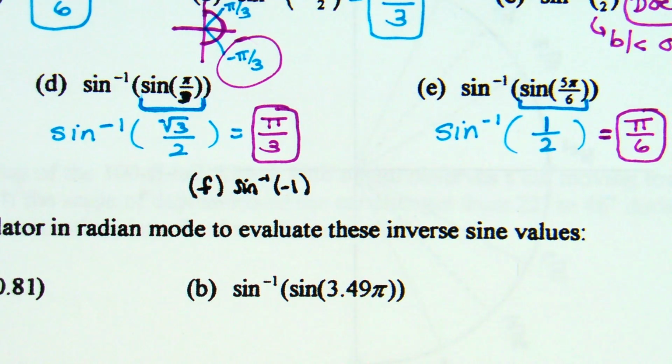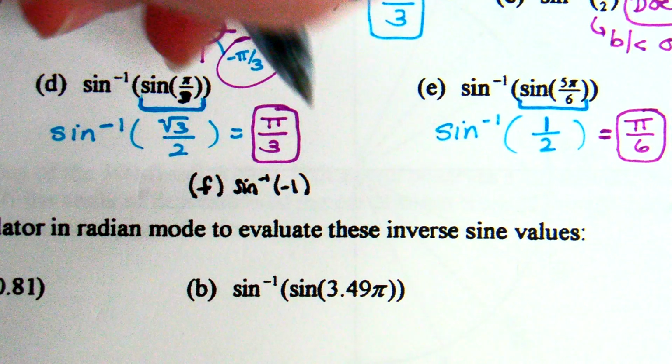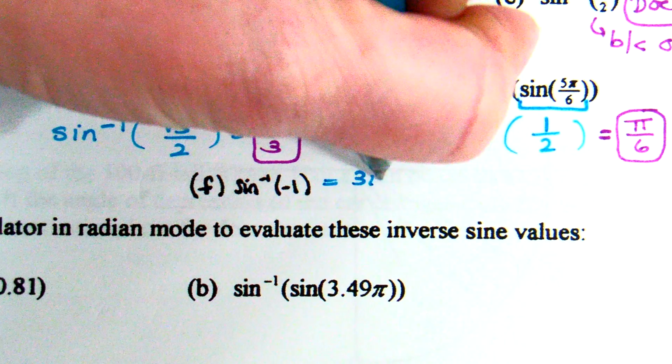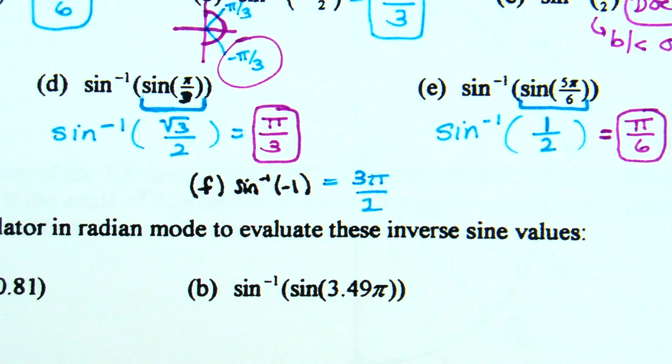At what angle does sine equal negative 1? 3 pi over 2. Okay, so remember an ordered pair is cosine, sine, and so the negative 1 down here is at 3 pi over 2. Now, I know this was not given as an answer. I heard people already get it right, but I'm going to write this down temporarily.